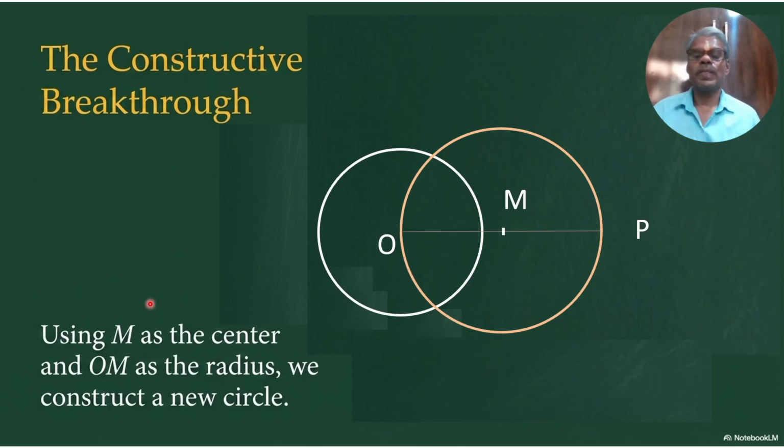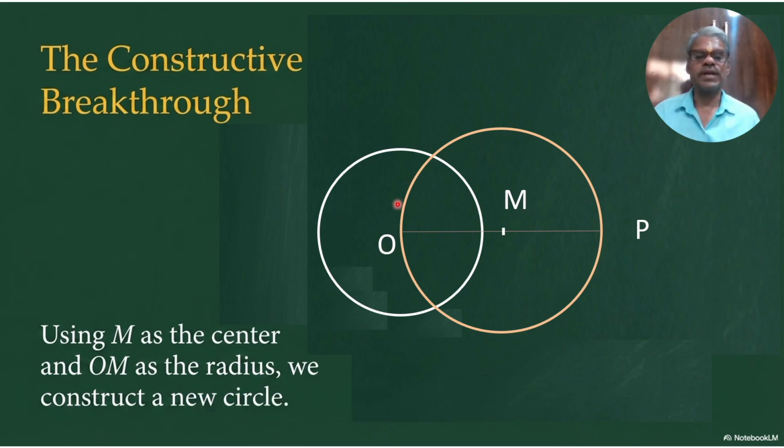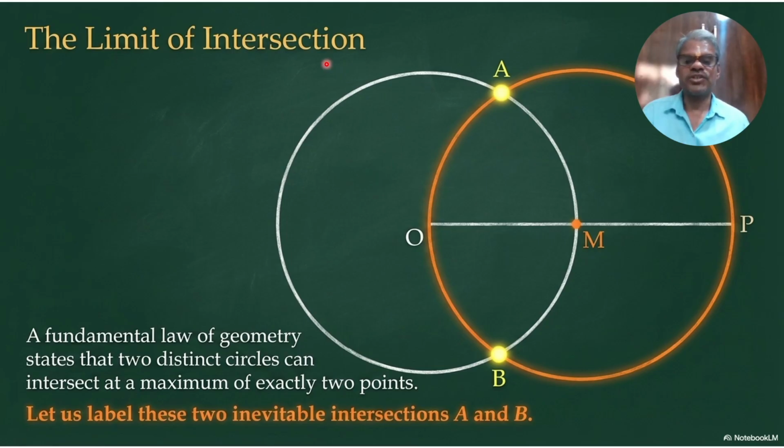Constructive breakthrough: using M as the center and OM as the radius, we construct a new circle. The limit of intersection: a fundamental law of geometry states that two distinct circles can intersect at a maximum of exactly 2 points. Let us label these 2 points of intersection as A and B.